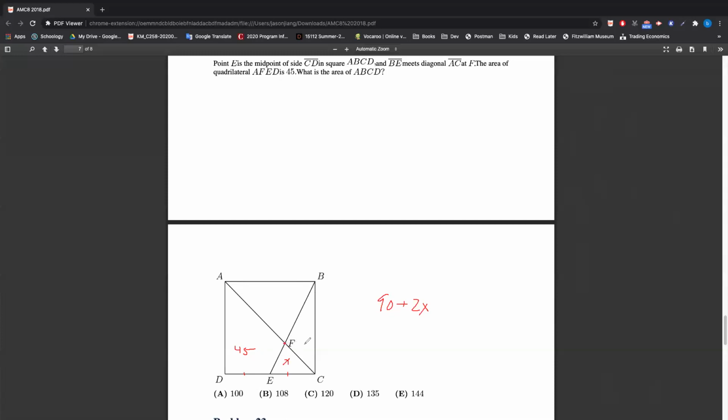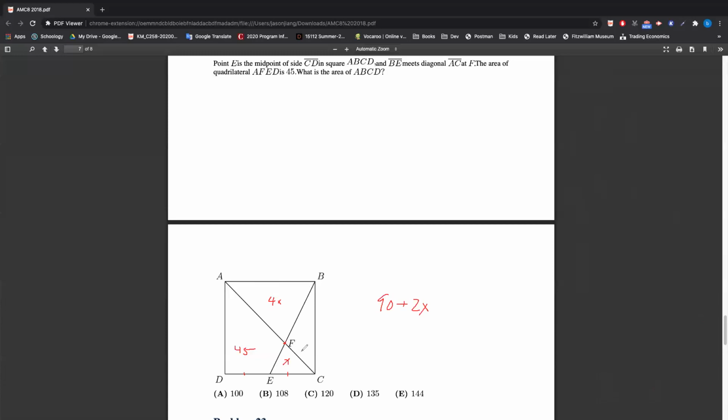Their anchor point is F, but they're not in the same direction this time. One of them is going in the opposite direction. That's still okay. We still have all the properties that we had before. So because AB is twice the side length of EC, its area is 4 times the area of FEC.